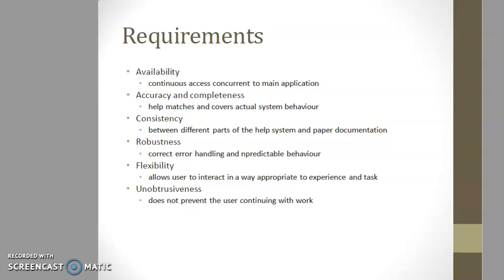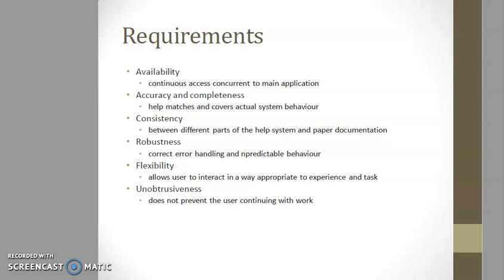It should run concurrently with any other application. This is obviously a problem for non-windowed systems, if the help system is independent of the application that is running. Continuous access concurrent to main application.